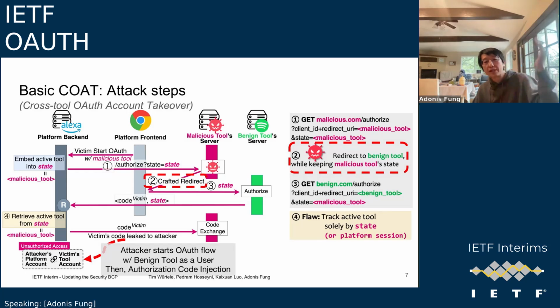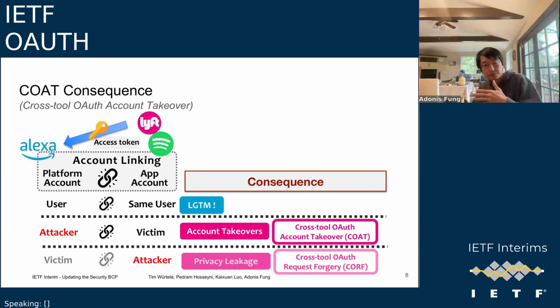So with all these attack steps, basically I steal the account linking and try to bind the victim's account. On the bottom second row, the attacker's account from the platform, the Alexa side, got bound to a victim's Spotify account.